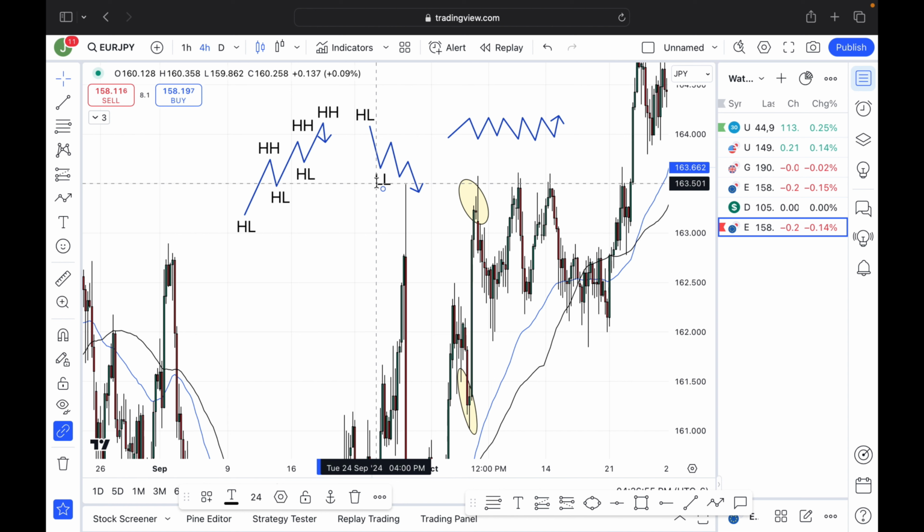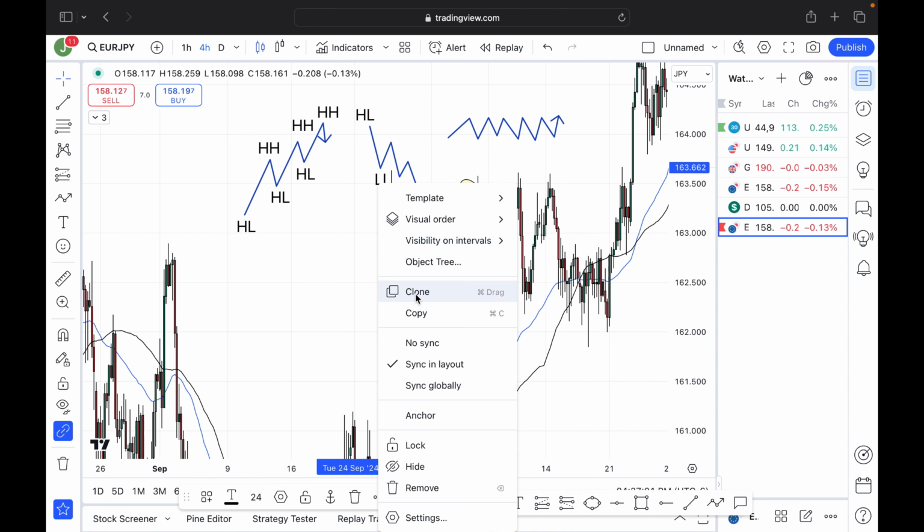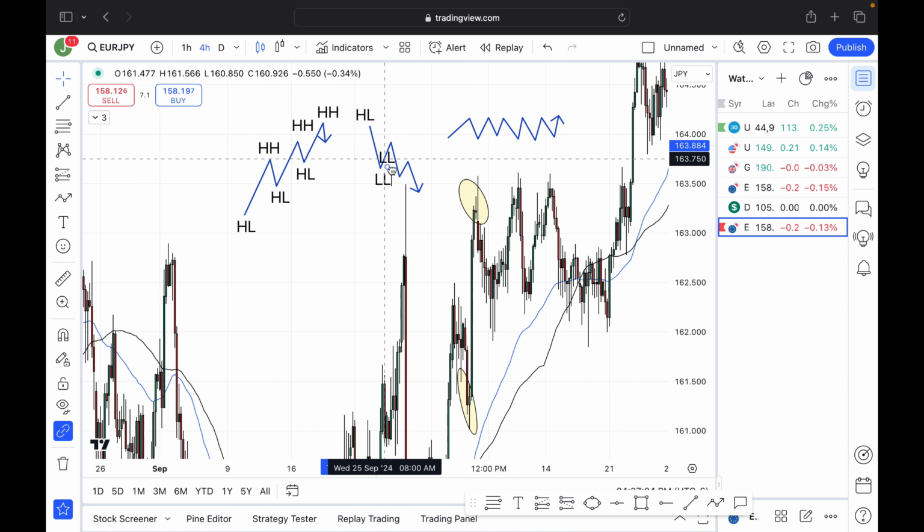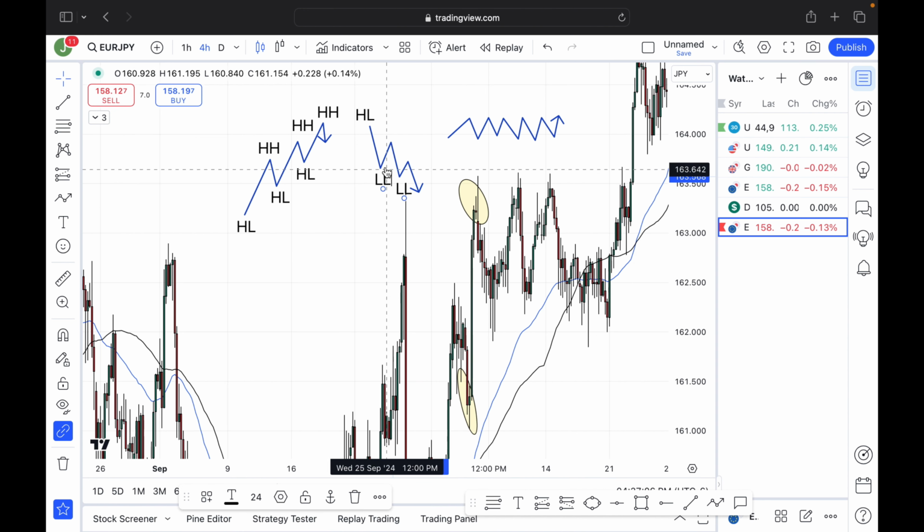We cannot create a new lower high until we create a new lower low. So price has to fall below the last lower low before we can create the new lower high. And so forth and so on.